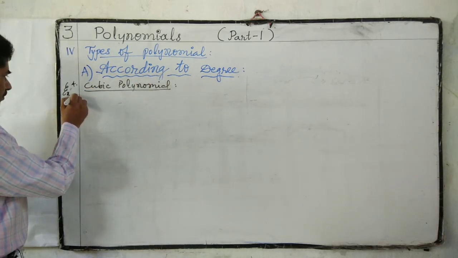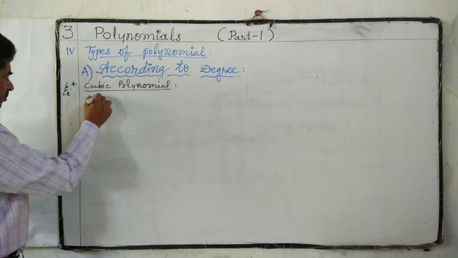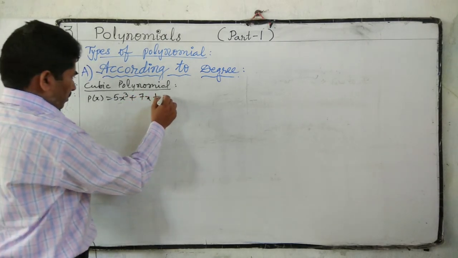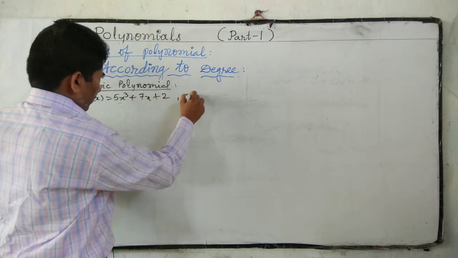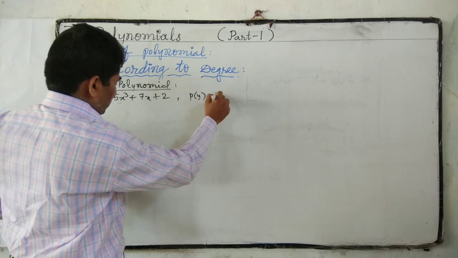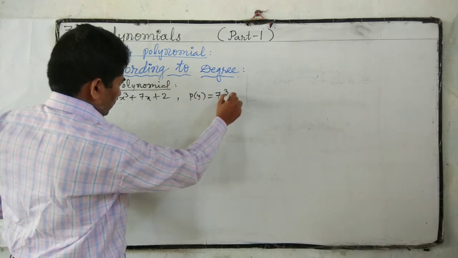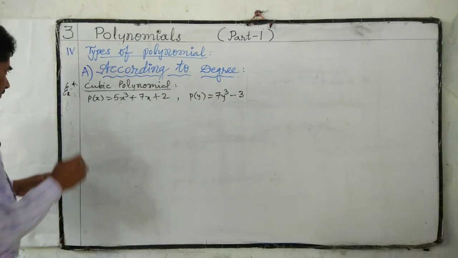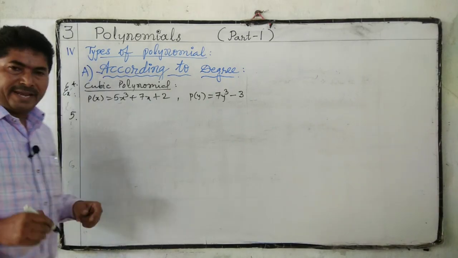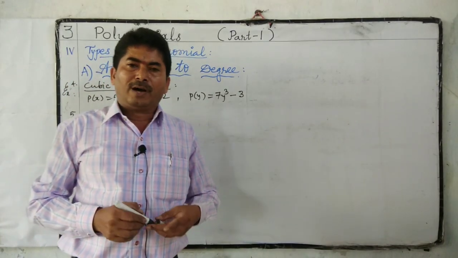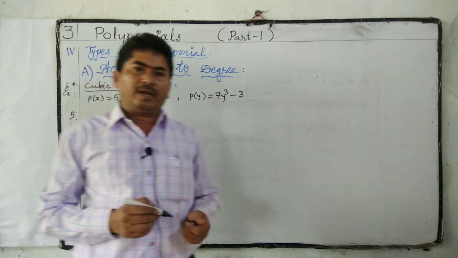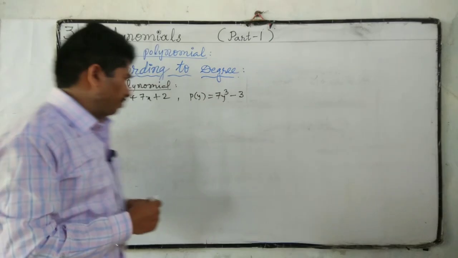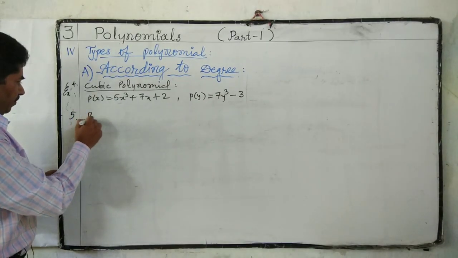Example, p of x is equal to 5x cube plus 7x plus 2. p of y is equal to 7y cube minus 3. These are cubic polynomials. Next, biquadratic polynomial. A polynomial of degree 4 is called a biquadratic polynomial.